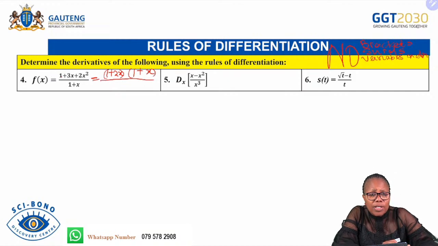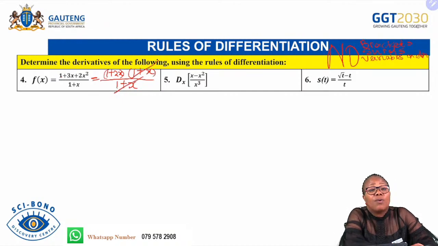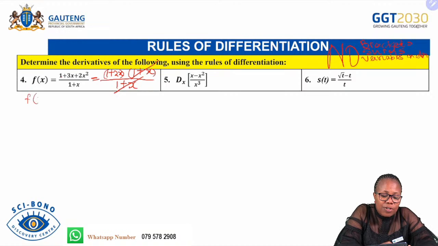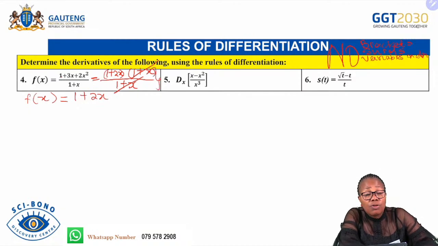All right, this is working for us. Can you see now it has created a 1 plus x? Therefore, the 1 plus x will cancel 1 plus x. So we are left with f(x). We are still at f(x). We have not yet started deriving. We were simplifying. So the minute you simplify, the notation must still be the original f(x).